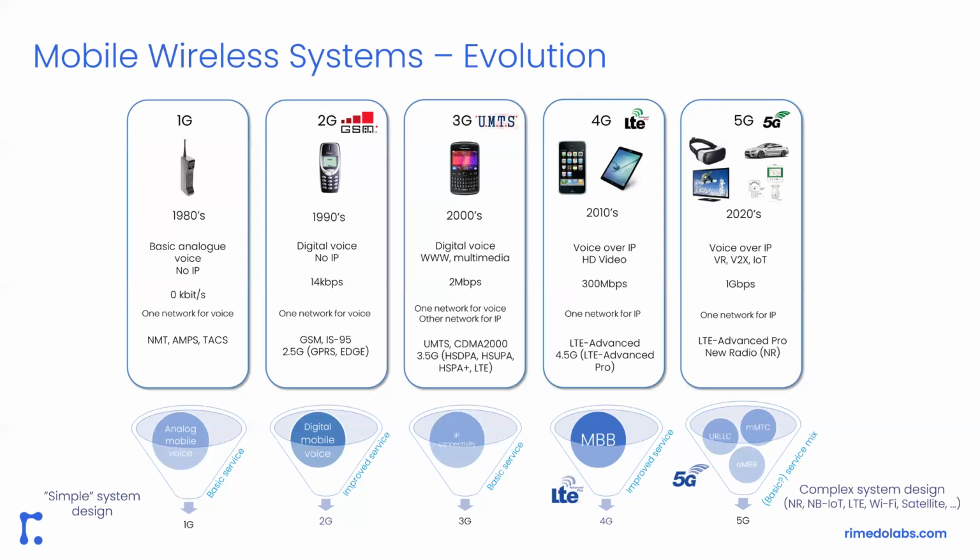Another aspect here is that from 1G to 3G, we had different systems in different parts of the world, different names and different organizations supporting those. And from 4G onward, we are aiming at a single system with LTE Advanced Pro, and now with 5G also incorporating LTE Advanced Pro as part of the next generation RAN.